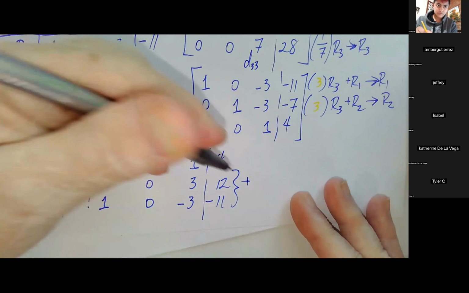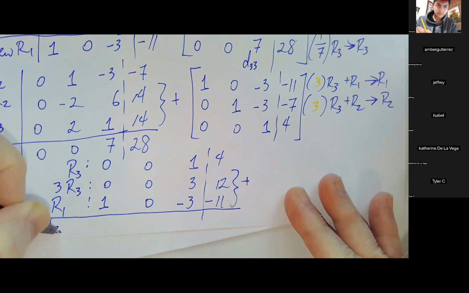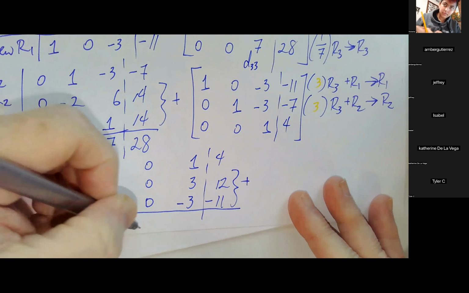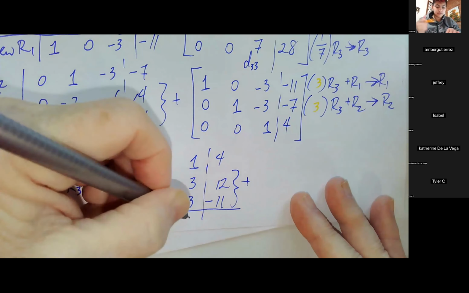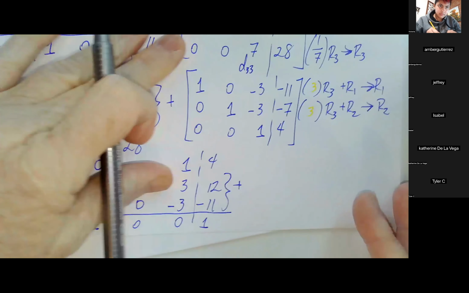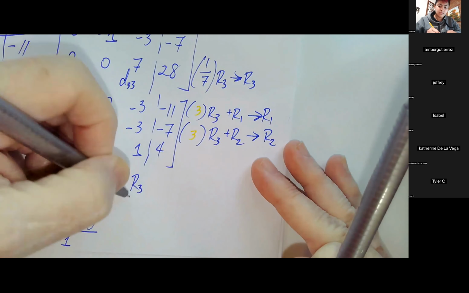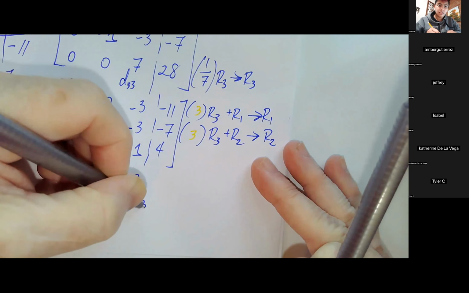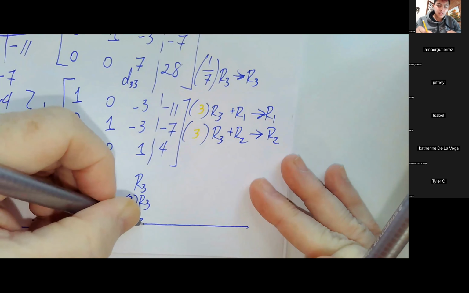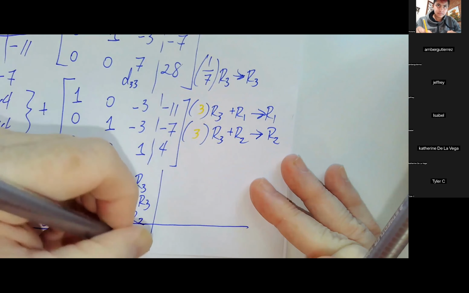And when we add those, what do we get? 1, 0, 0, and then a 1. Good. And we've got 3 times row 3 plus row 2 to get the new row 2.